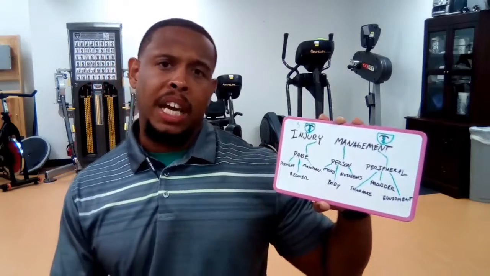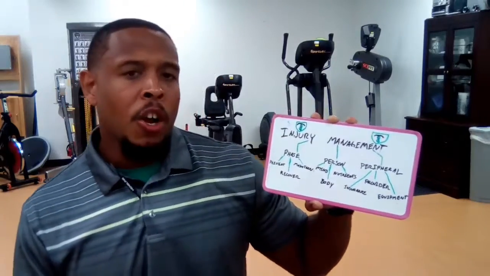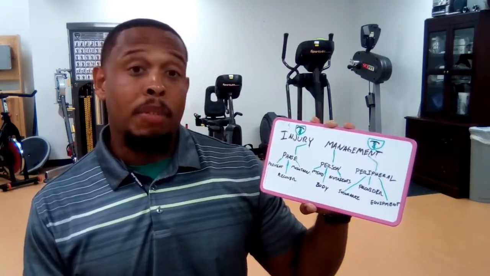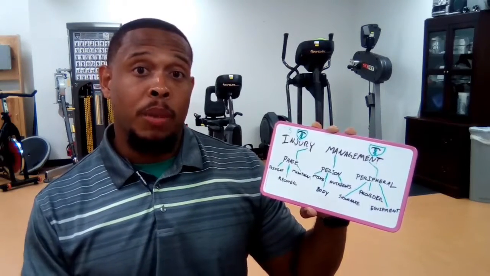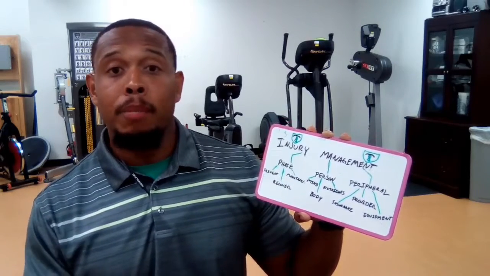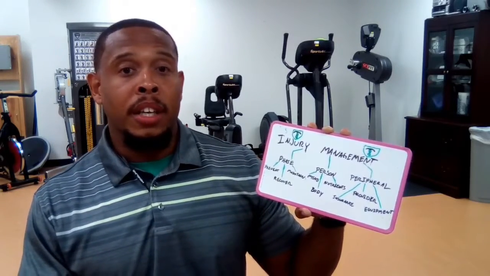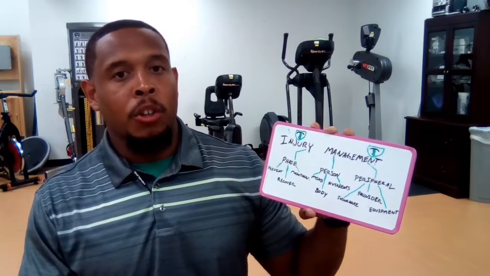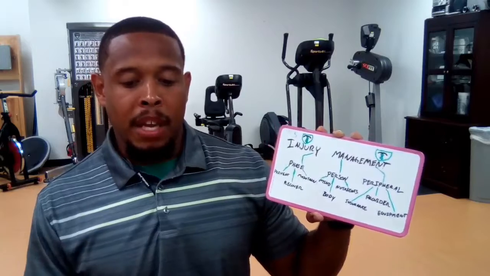I'll help provide that for you guys as we go through. The peripherals are things like the insurance/resources and how to utilize them, the provider, and essentially your social network, your people around you. And then we also have equipment, things such as machines, kettlebells, Indian clubs, dumbbells, grocery stores, splints, braces, all those things will come into the injury management aspect.